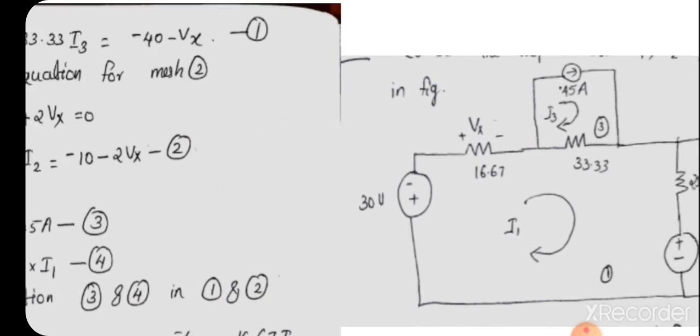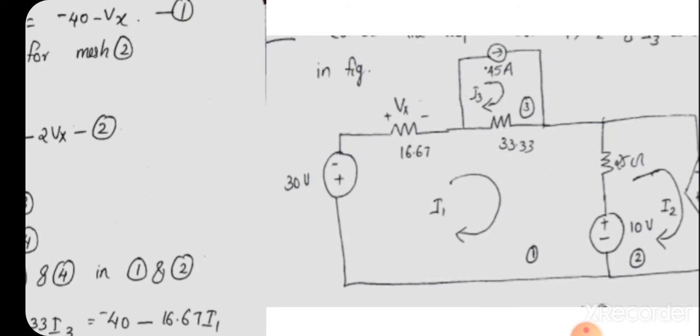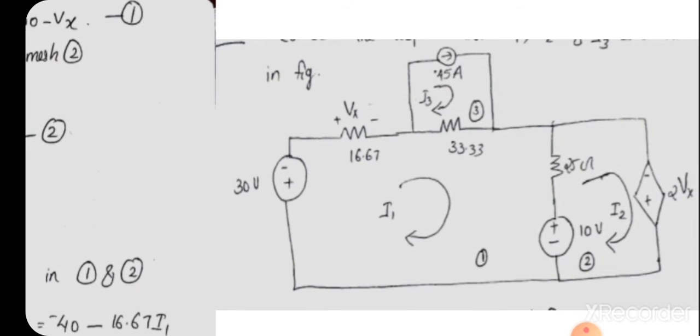So I3 is 0.45 ampere, and also you can see in this figure that Vx is marked as the voltage drop across the 16.67 ohm resistor. Actually I haven't written the ohm, but it is 16.67 ohm. Okay, so what is the Vx value?